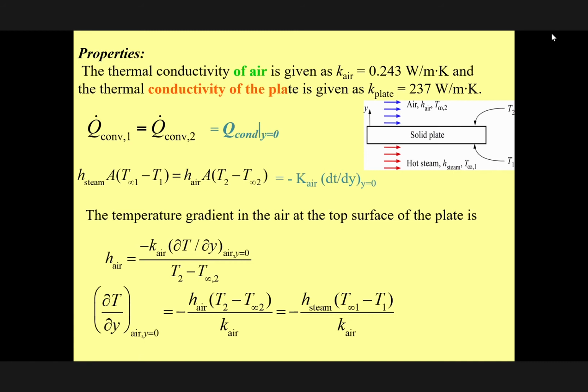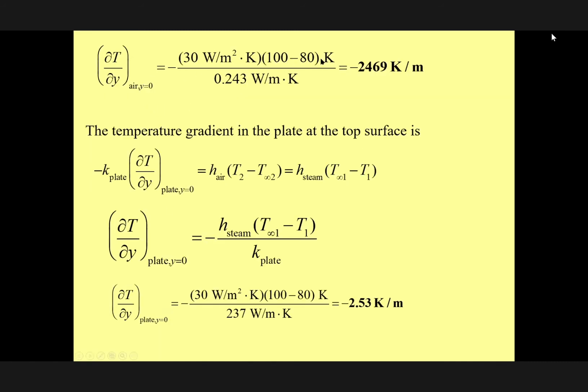If I do that, I end up like this, okay? If I can find this value right here. This was convective heat transfer: temperature of the steam, temperature of the plate, and this one. And the same thing we can do for the steam. Again, this equation is correct all the way.